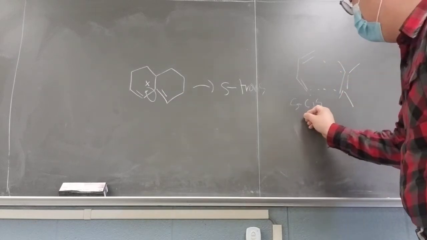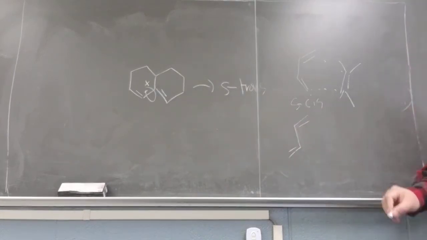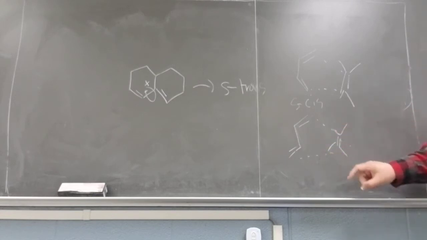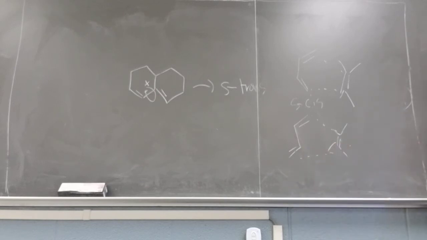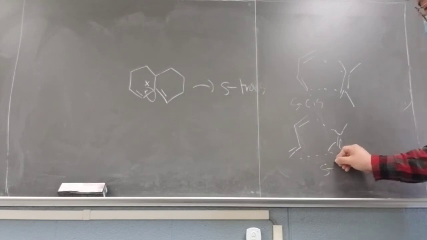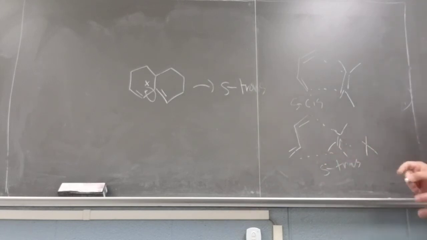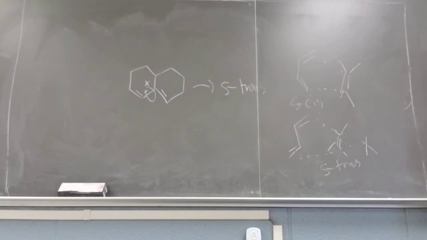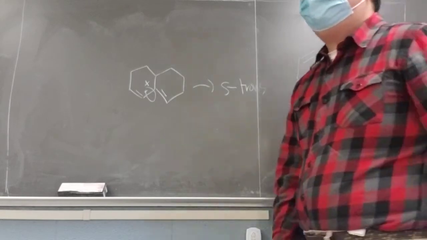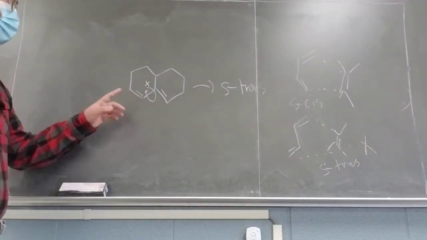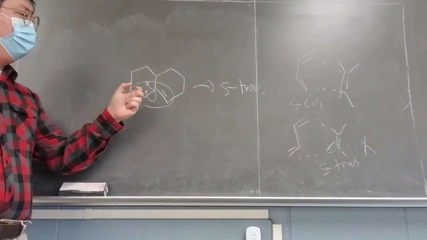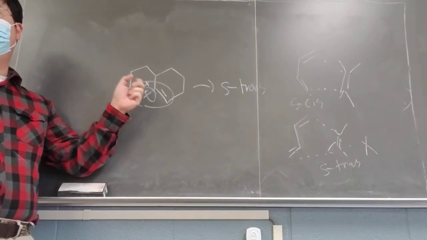But if it is fixed as trans, that would be really hard to make Diels-Alder reactions because of the distance and twisting the way they are bonded in the structure. So the s-trans one will not do Diels-Alder reactions because of this position. It has to be in cis form to do the Diels-Alder reaction. Okay? So that means this one is also a type of diene, but it cannot do the reaction because it's fixed in trans.